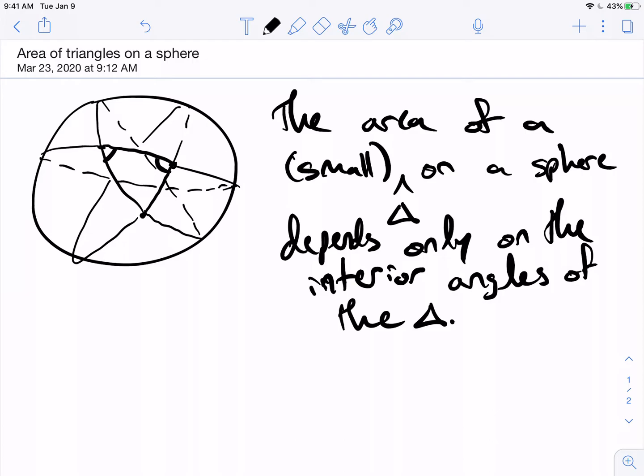So I measure these angles, let's say they're alpha, beta, and gamma, and I should be able to calculate the area of the triangle on the sphere from just those angles.